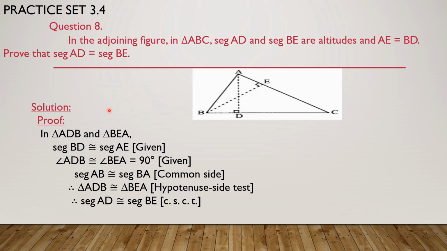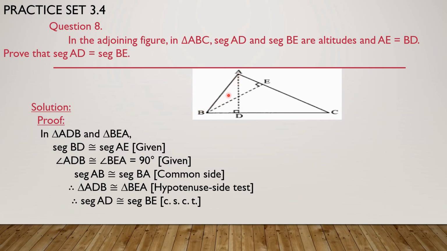Here I am taking the two triangles ADB and BEA. First write the congruent parts. Segment BD congruent to segment AE, that is given, and angle ADB congruent to angle BEA, that is each angle measure 90 degrees, and segment BA congruent to segment AB, that is the common side.